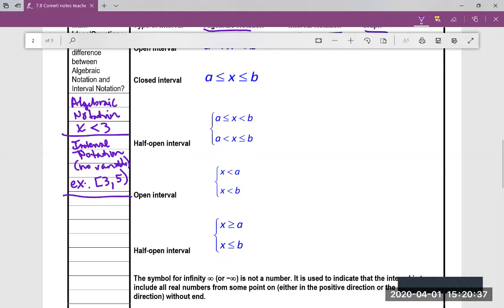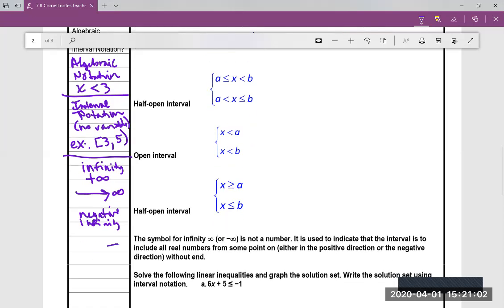Also, we're going to come across needing to know what to do about infinity. So infinity, if it is positive infinity, on a number line, it's always going to be to the right. Okay, and at times we're going to deal with negative infinity.